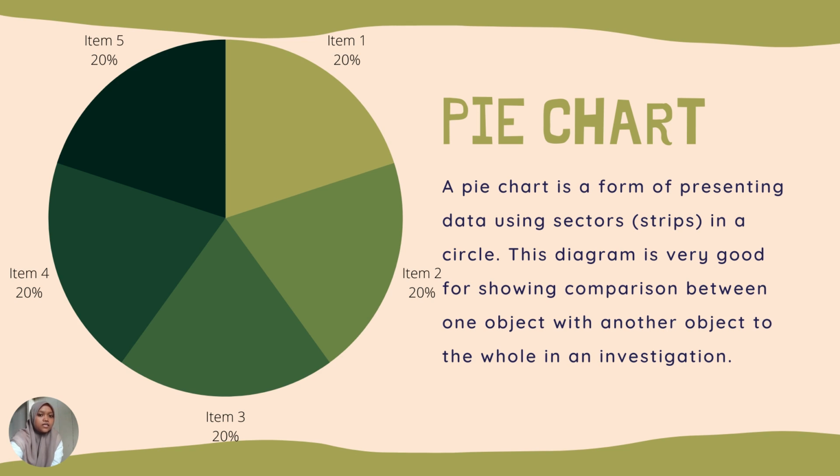The second is pie chart. A pie chart is a form of presenting data using sectors or strips in a circle. This diagram is very good for showing comparison between one object and another object to the whole in an investigation.